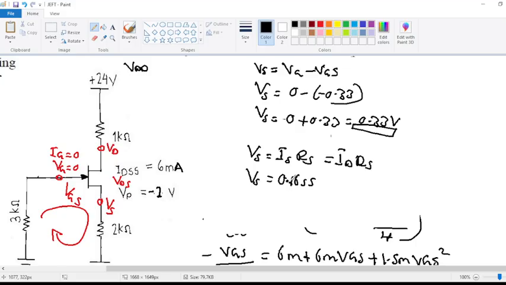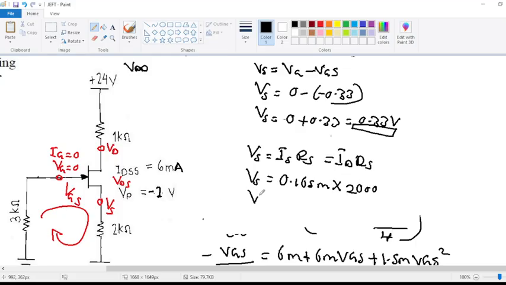0.165 milli. Let me just try to erase this and write it nicely. Okay, so from there we're going to have our ID, that's 0.165 milli, multiplied by our RS, that's 2K, which is 2000.